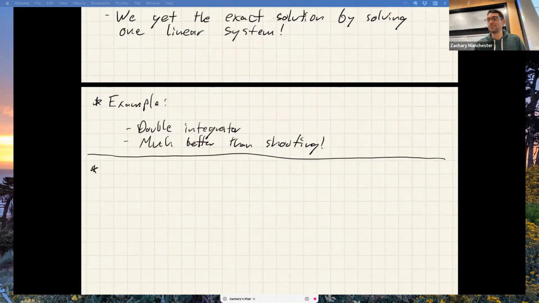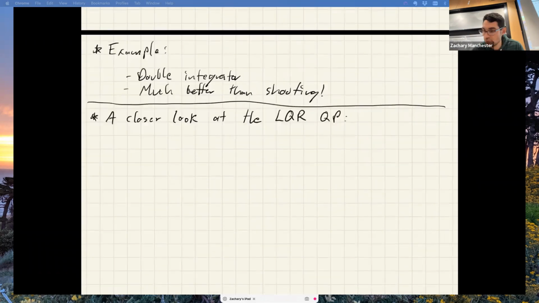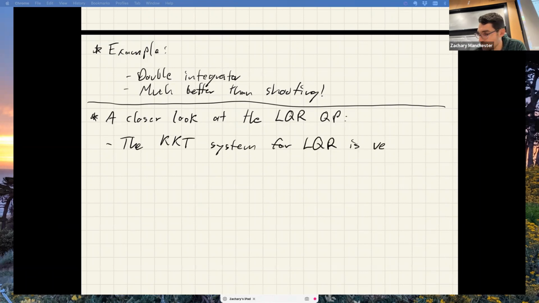And some interesting things will happen. Okay, so first thing to note is that the KKT system for LQR is very sparse. And that's really the key to this.